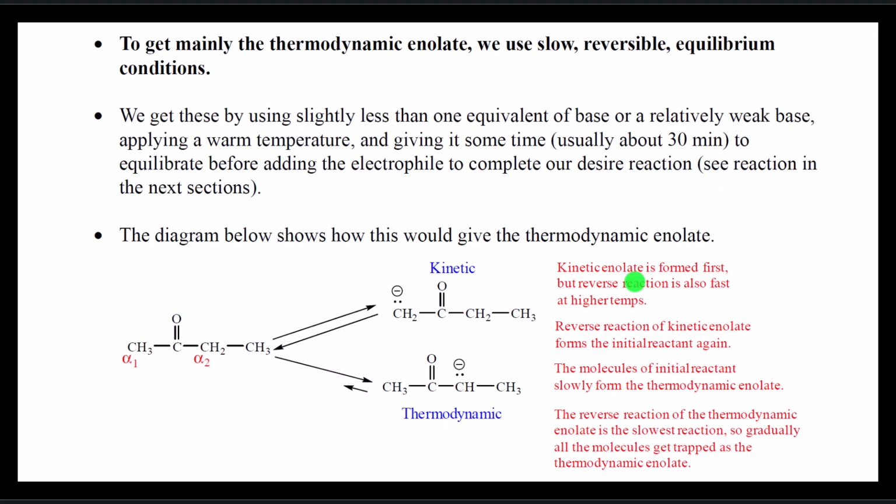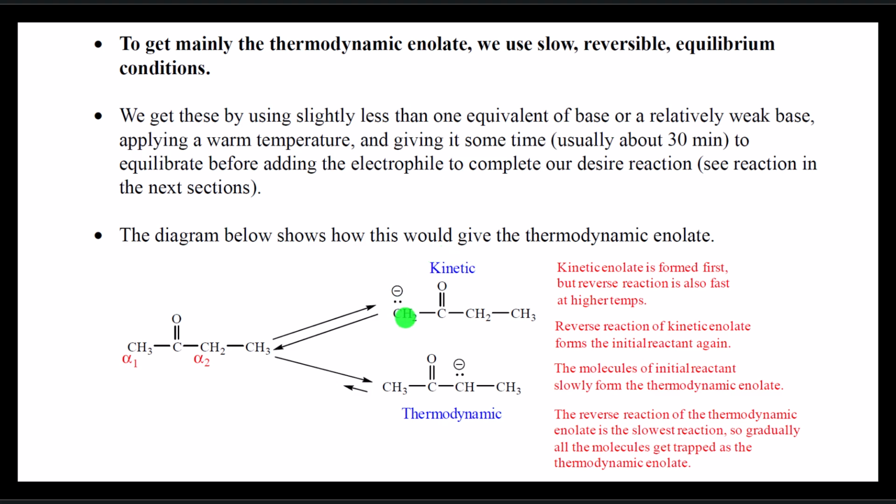The diagram below shows how this would give the thermodynamic enolate. Again, if we had 100 of these ketone reactants, we would see that the kinetic enolate is formed initially in a much higher amount because it's formed faster.